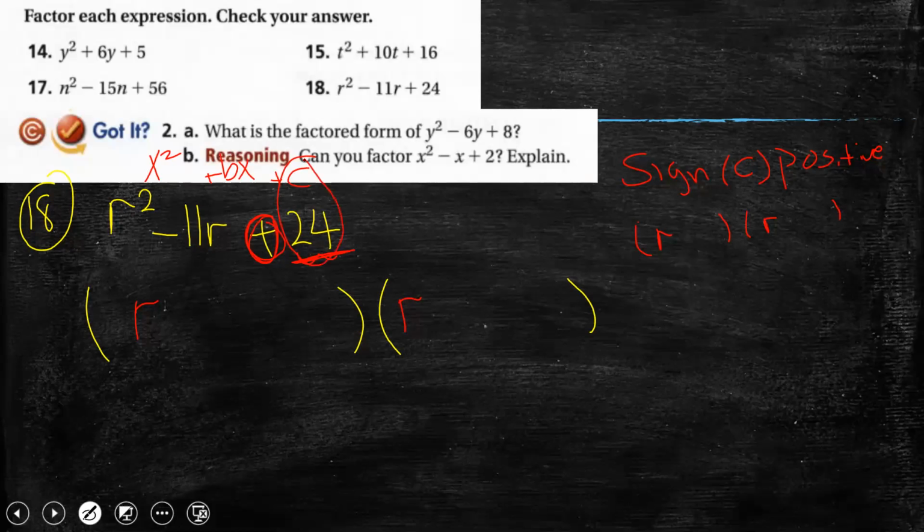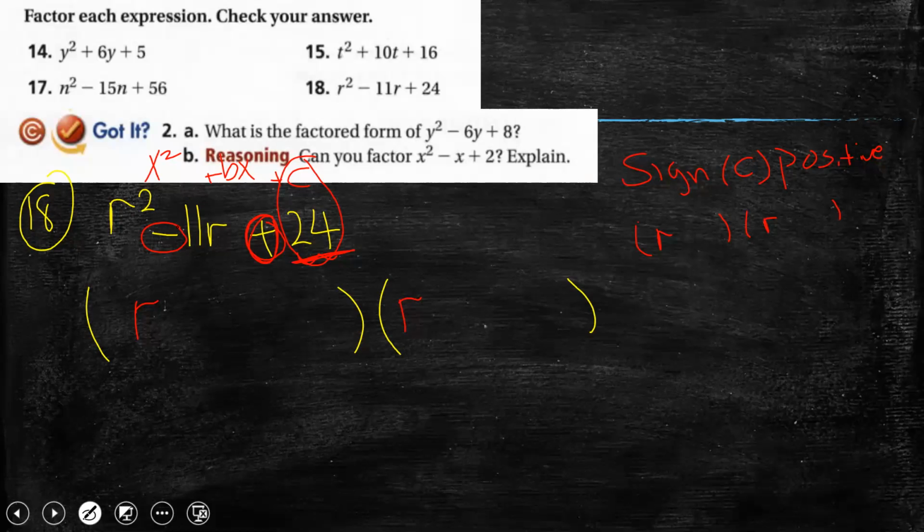Now, since the sign of c is positive and the sign of b is negative, what does it mean? That means I need you to give me two numbers that if you multiply them, you get positive 24, and if you add them, you get negative 11.